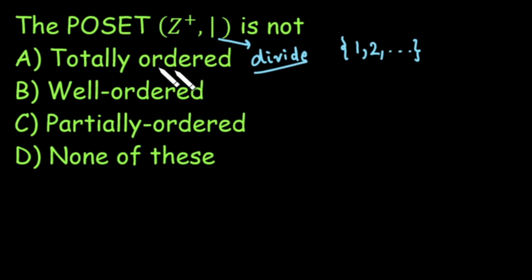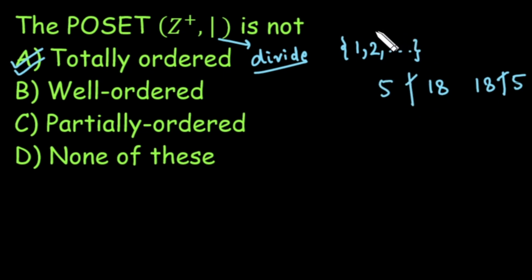The answer in this case is option A. Totally ordered set means if we pick two elements from this set of positive integers, let's suppose 5 and 18, we just need to check whether 5 is related with 18 or 18 is related with 5. Neither is related, because 5 doesn't divide 18 and 18 does not divide 5. It means these two elements are not comparable.